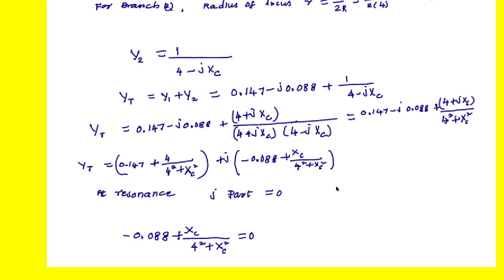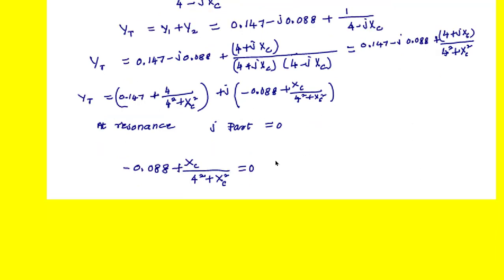At resonance, the imaginary part will become 0, meaning only the real part will be present. So to get the values of the capacitor at resonance, we have to equate the imaginary part of the net admittance to 0, that is the J part.